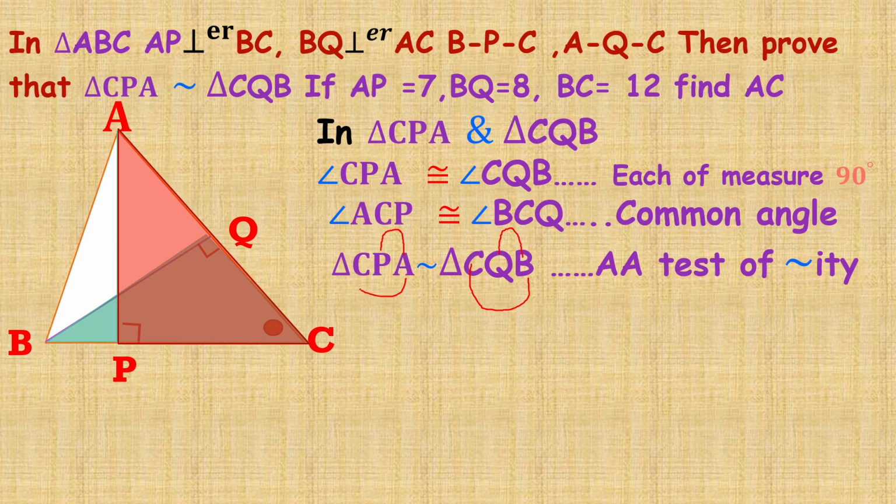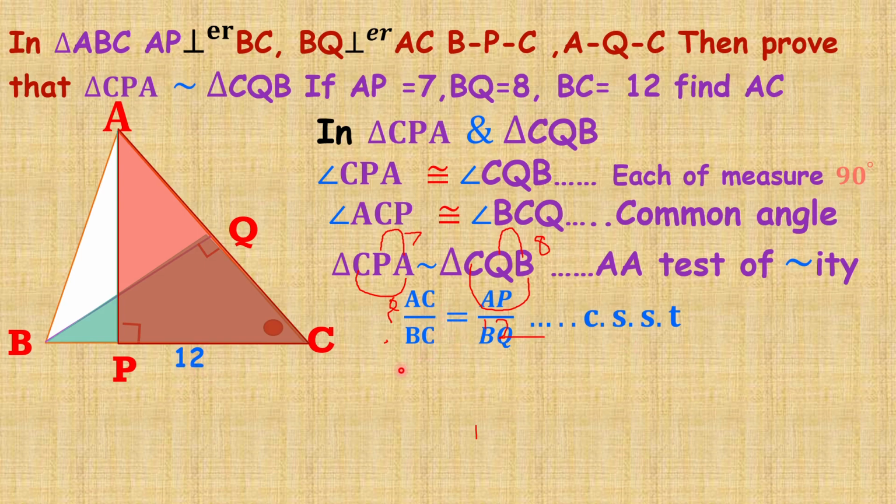Here, third, first is AC. This is given 7. BQ is given 8. BC is given 12. We have to find AC. Therefore, AC upon BC is equal to AP upon BQ because corresponding sides of similar triangles. Substitute values here.